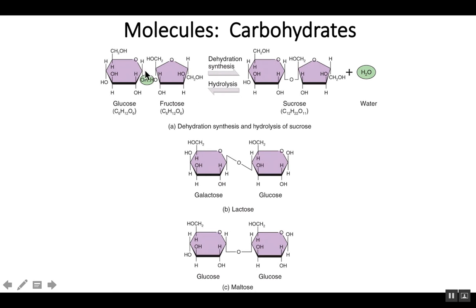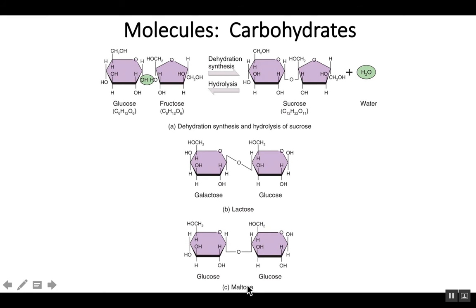When those two molecules get bonded together, it forms sucrose, which is glucose and fructose covalently bonded. We can also do that with galactose and glucose to form lactose. And glucose with glucose is called maltose.